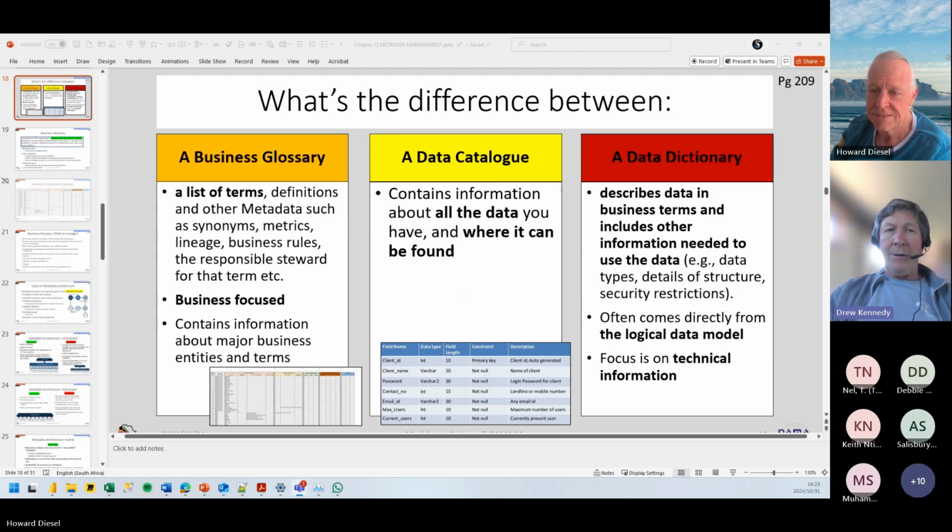It would be that go-to place where you can find out all the information around the major business entities and terms and what they mean. It takes away guesswork, it takes away hassle factor, it takes away repetitive work.